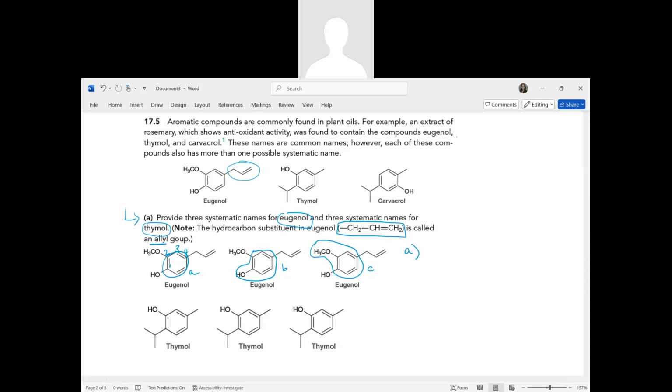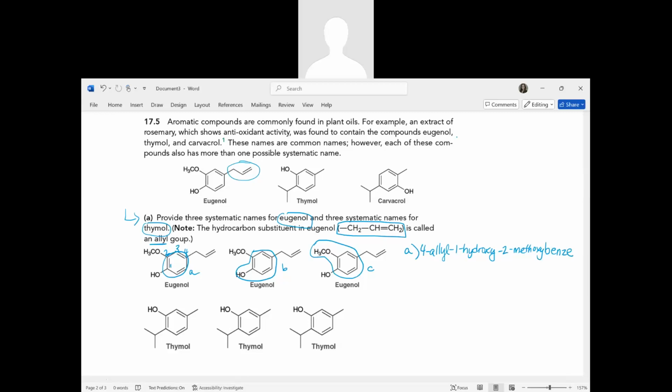So again, we need to alphabetize this. We would have 4-allyl, 1-hydroxy, 2-methoxy, and then our parent again was benzene.